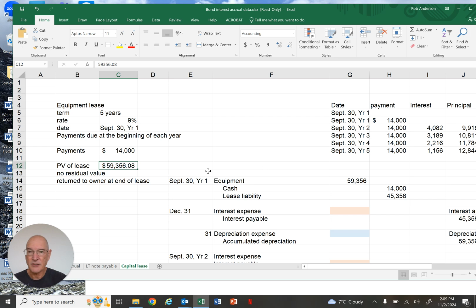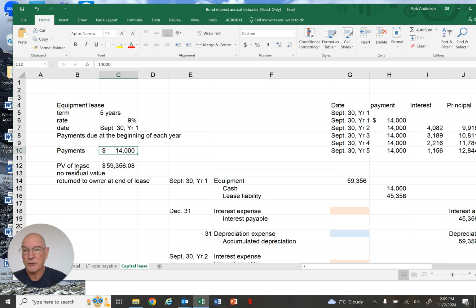I calculated this on my financial calculator, and here's our 59,356.08, which is the present value of all of the lease payments you're going to make, brought back to today at 9%. That's our interest rate on the lease, and as we owe money on the lease, every year we're going to be charged interest at 9%. So part of this $14,000 covers interest expense, and the rest of it pays off our lease liability.